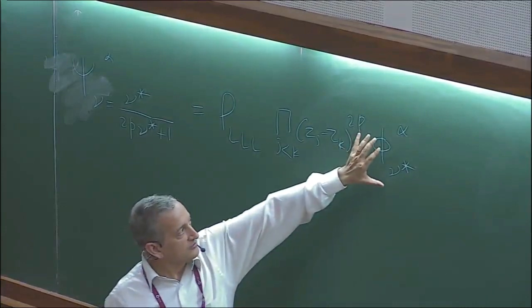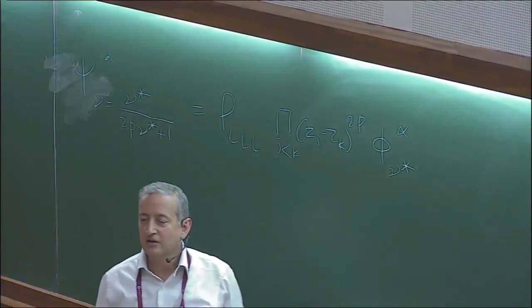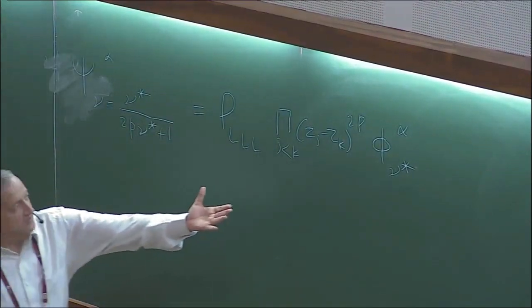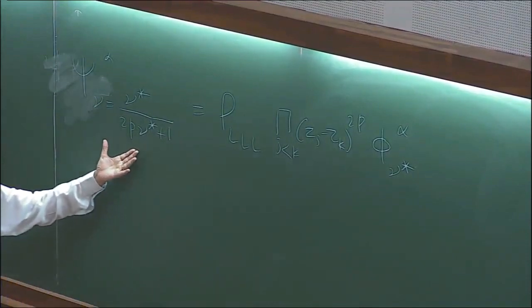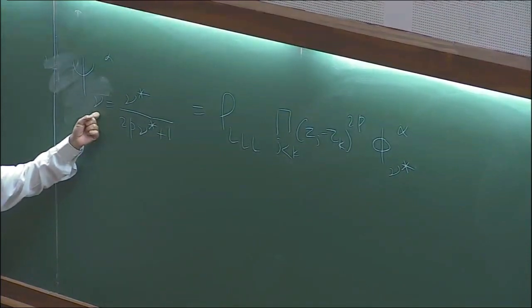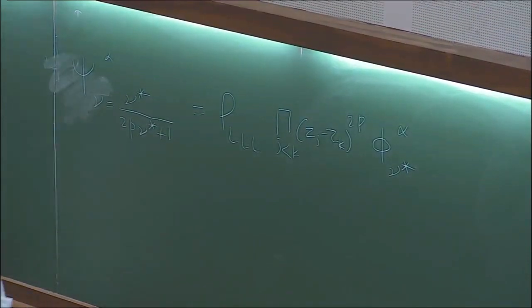So I list all of the states here in the order of increasing energy. And the postulate is that through this mapping, I can get all of the states at filling factor nu for interacting electrons in the same order in energy.